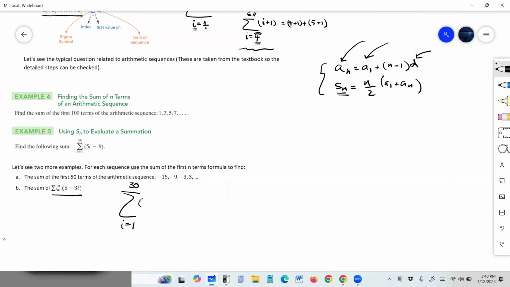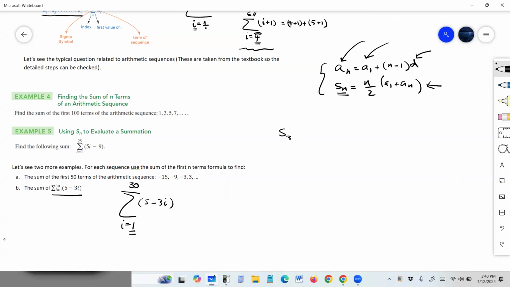Again, remember that in order to use the summation notation formula, we have to start at 1. Now, a question doesn't have to start at 1, but to use the formula, it must start at 1. Okay?